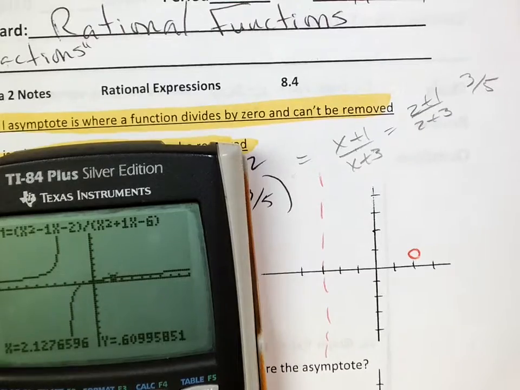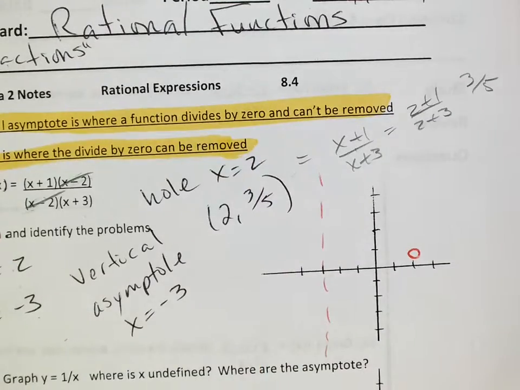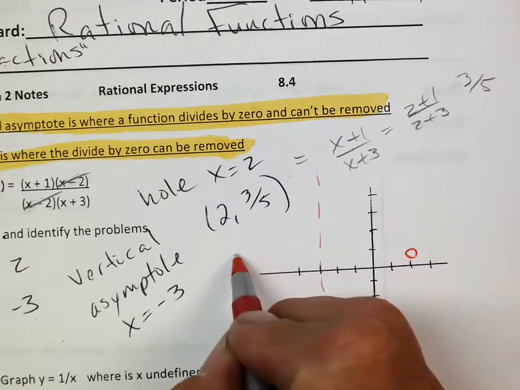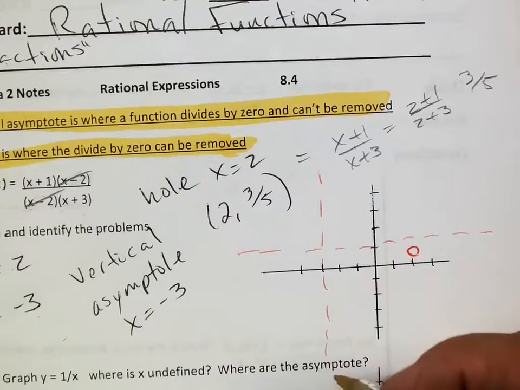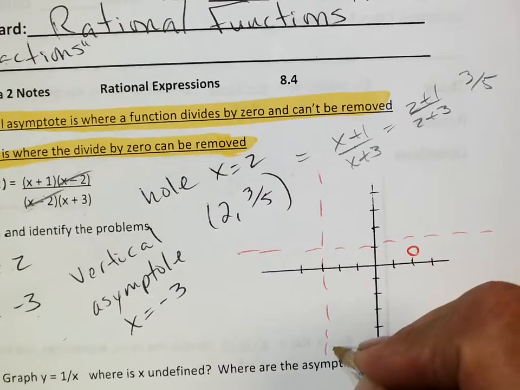Now there's a horizontal asymptote also at 1. Somebody's going to say, how did you know that, Mr. Davies? Okay, so let's put that in. I'm going to show you how I got that one. Okay, now the graph is going to look something like this. Okay, it's going to go through, and here's what my graph looks like.